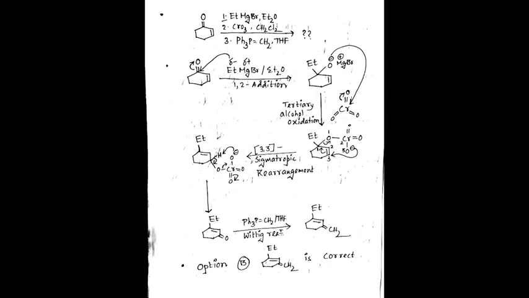And after the formation of the alpha beta unsaturated ketone, in the presence of phosphonium halide, it readily gives the corresponding final product.